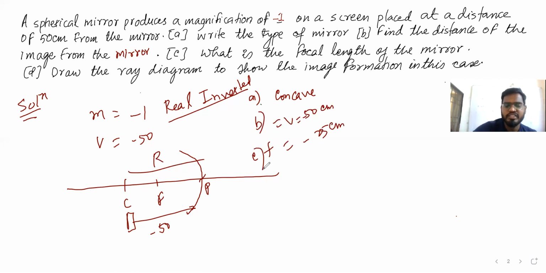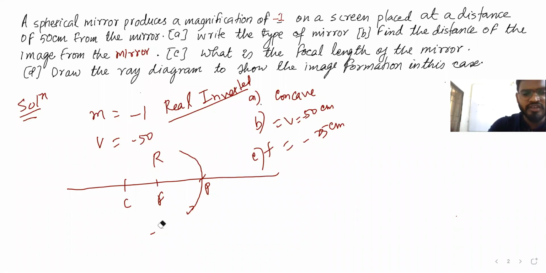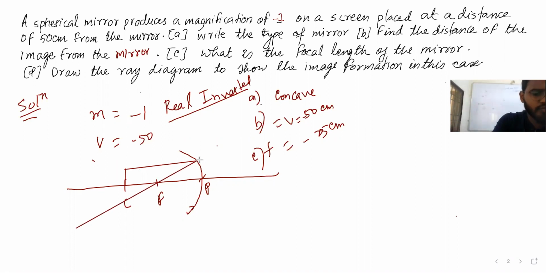Fine. Now the next question they are asking: draw the ray diagram to show the image formation in this case. So if you want to draw the ray diagram, we can draw from here itself, right? Let's draw here. I'll remove everything. So we'll have to consider the object here. A ray of light parallel to the principal axis will pass through the focus.